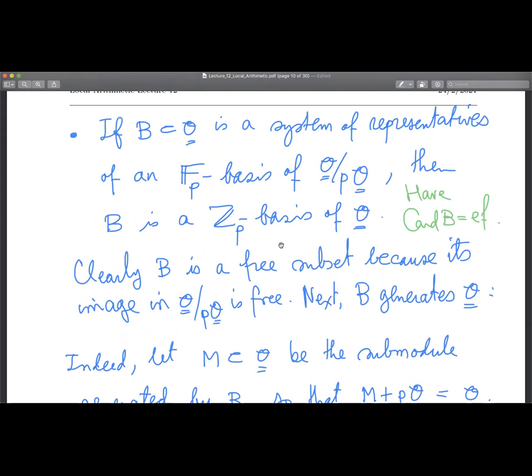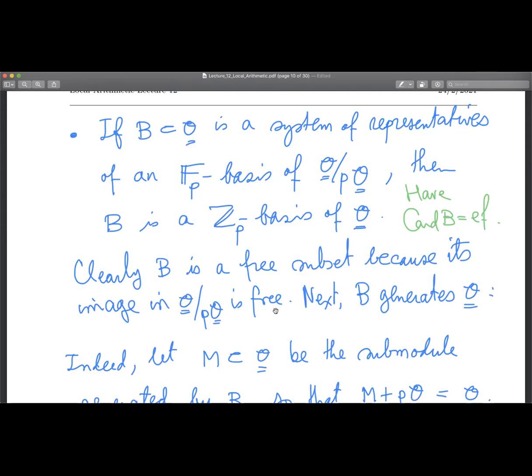So in order to show that it's a basis, I have to show two things, right? That it's a free subset. That's the first thing. Free subsets are also sometimes called linearly independent subsets. So it's a free subset. That's one thing I have to prove. And it's free because its image modulo p is free.